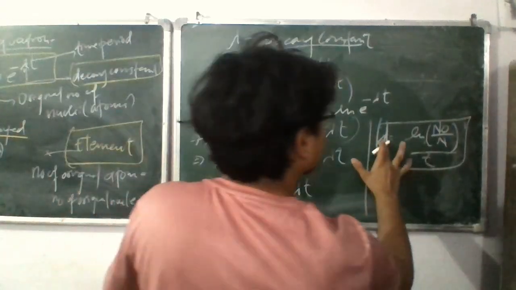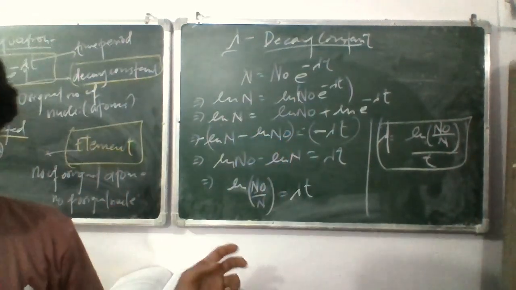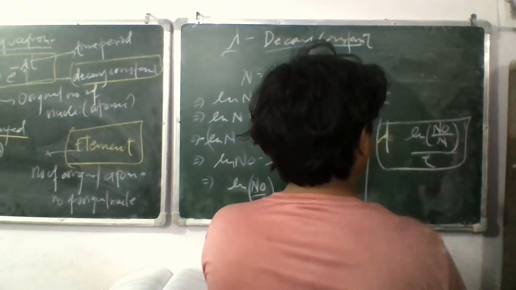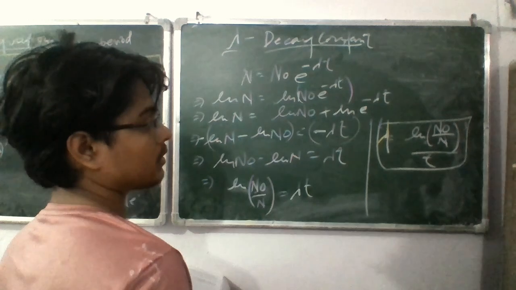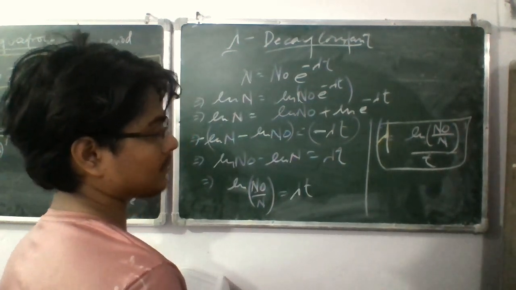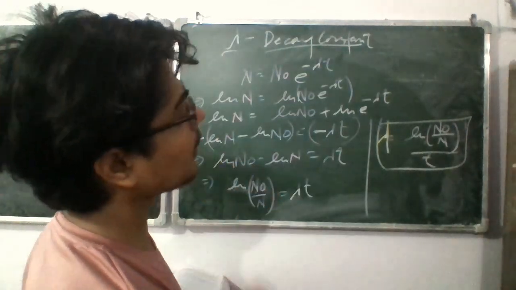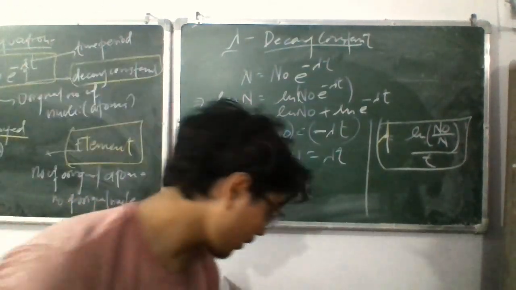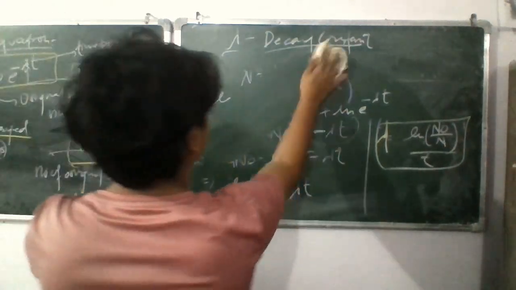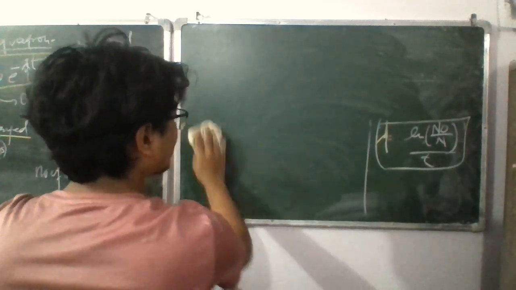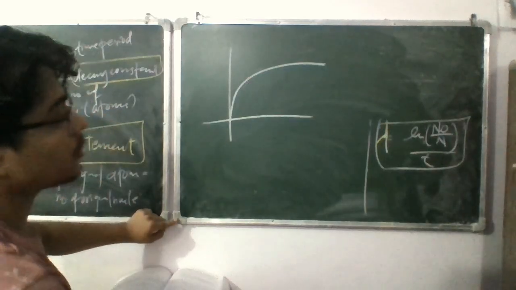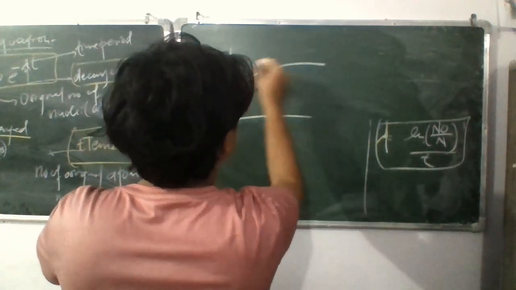Okay, so this is what the expression of our decay constant lambda looks like. Now, what does this expression tell us? So we have lambda in logarithm, right? Logarithm of N naught by N, divided by t. Now, if you see this, you may get confused into thinking that lambda is a logarithm function, and you already know that the logarithm function has a graph which first increases and gets to a maximum.